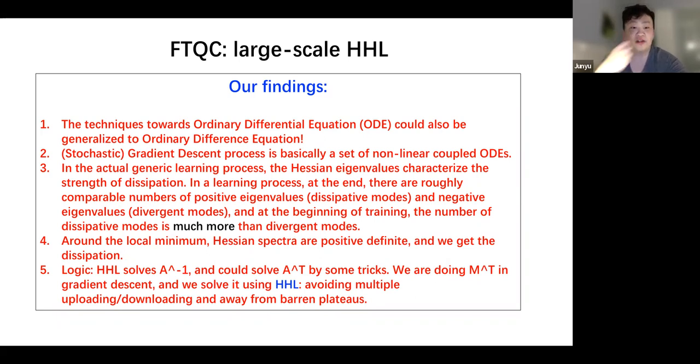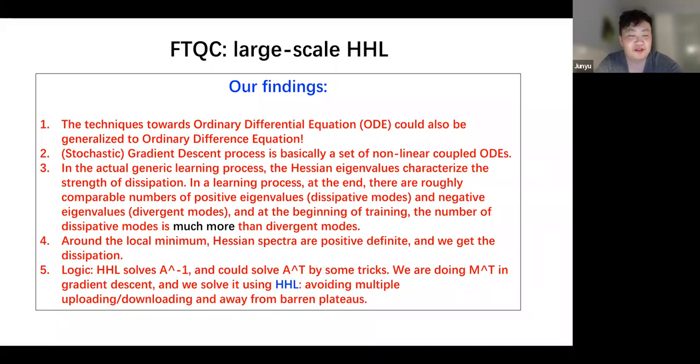So that's the hope. The basic logic of the underlying algorithm could be summarized heuristically: because HHL can solve matrix inversion, it can also solve matrix multiplication. And by some tricks, we are doing a matrix multiplication during gradient descent, and then we solve it using HHL.